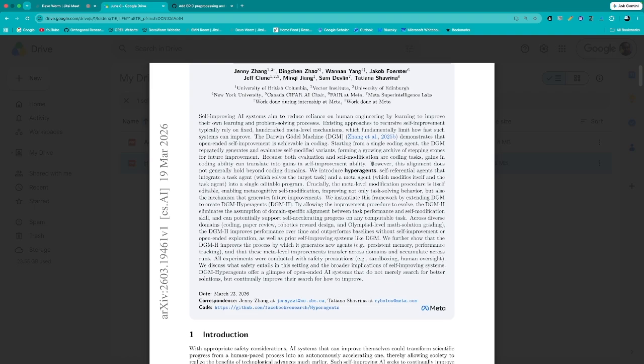Crucially, the meta-level modification procedure is itself editable, enabling metacognitive self-modification, improving not only task-solving behavior, but also the mechanism that generates future improvements. So we can edit this. We can have this metacognitive self-modification from the meta agent, and that can help.